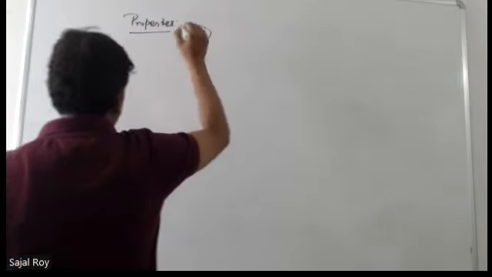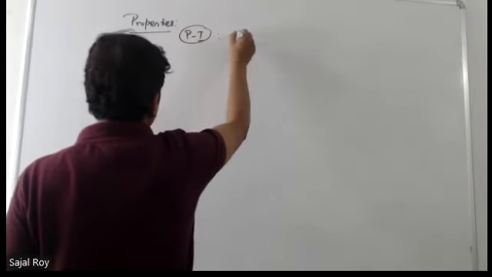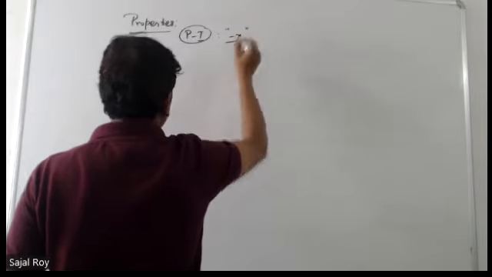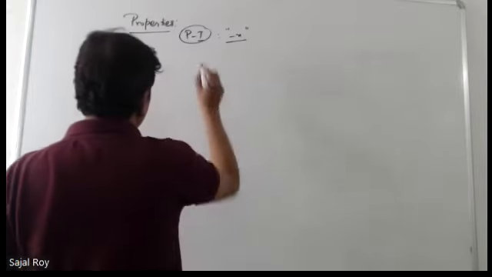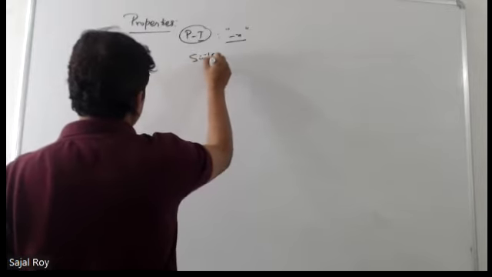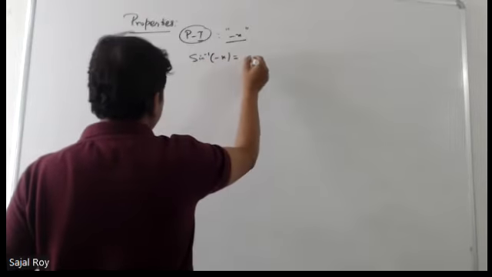Property 1, especially on minus x. I will write the minus x. You see, I am writing sine inverse of minus x is minus sine inverse x.